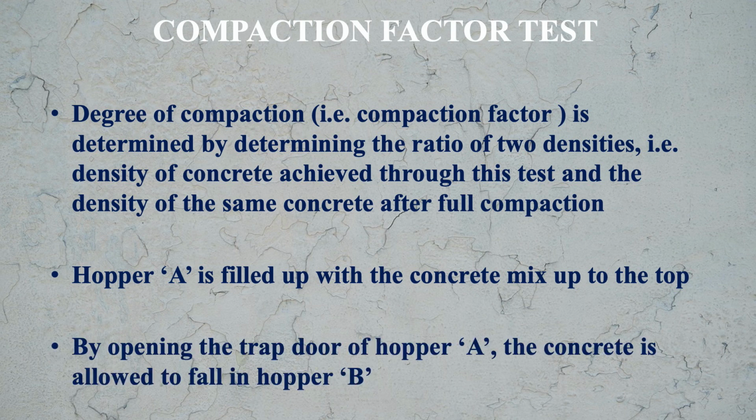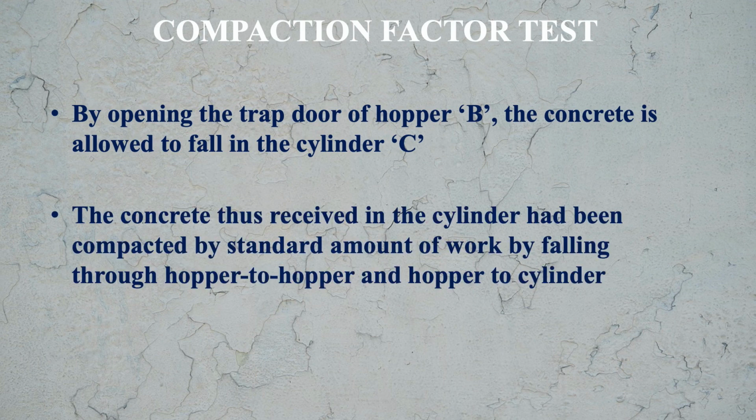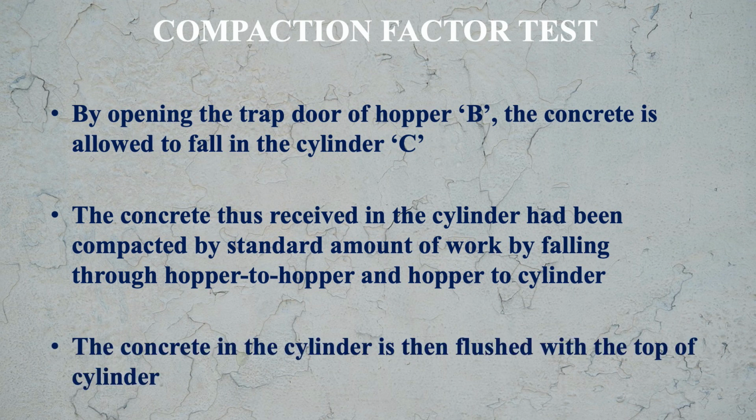Then we open the trap door of hopper A, and the concrete falls into hopper B. Now we open the trap door of hopper B, and the concrete is allowed to fall into cylinder C. The concrete thus received in the cylinder has been compacted by a standard amount of work by falling from hopper to hopper and finally from hopper to the cylinder. The concrete in the cylinder is then flushed with the top of the cylinder using the trowel.